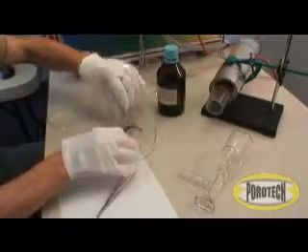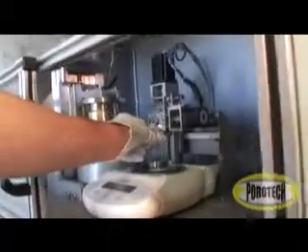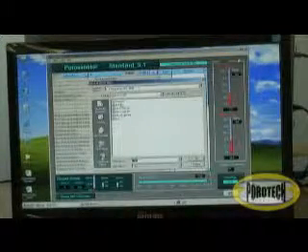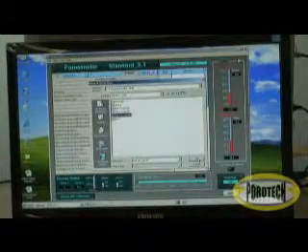The sample and standards are placed into a glass vessel and weighed on the balance that is part of the machine. The information for the test sample is entered into the software.